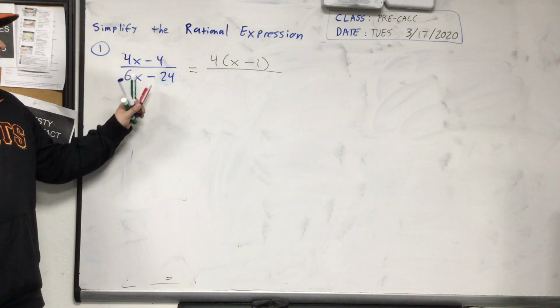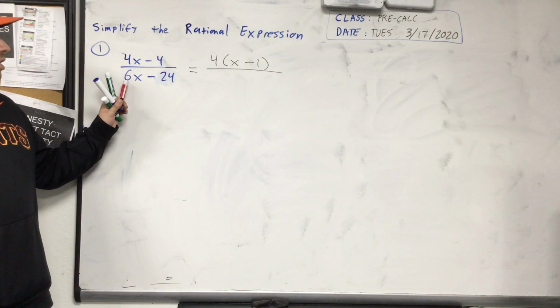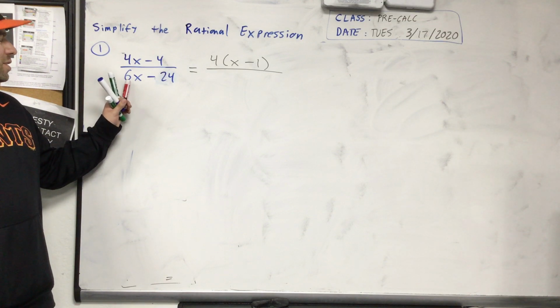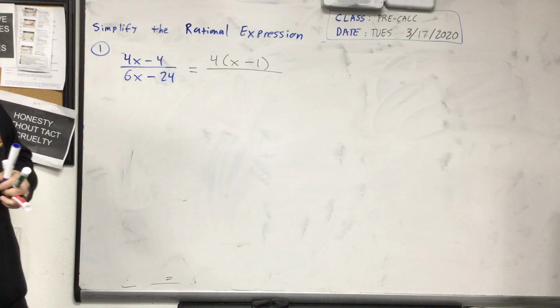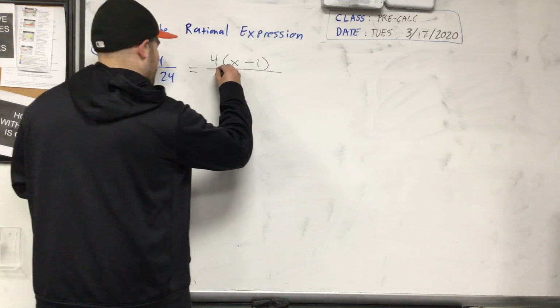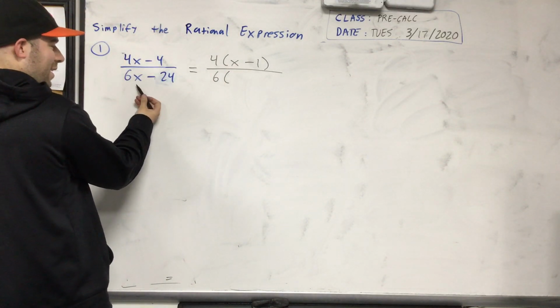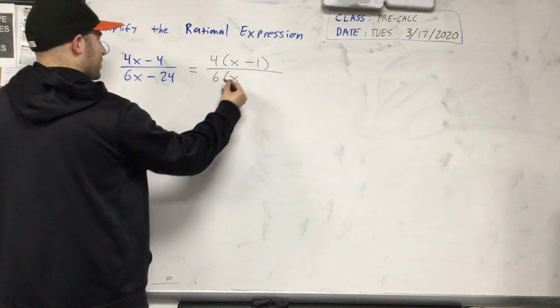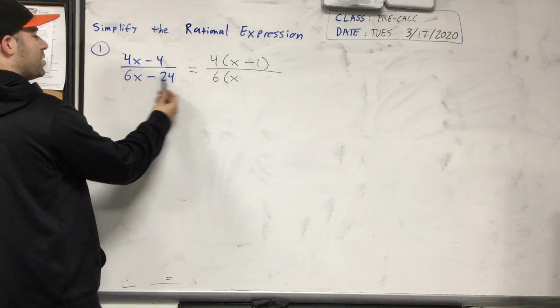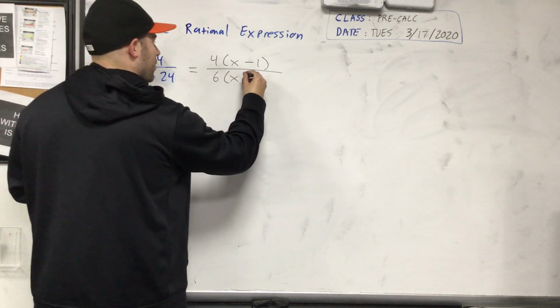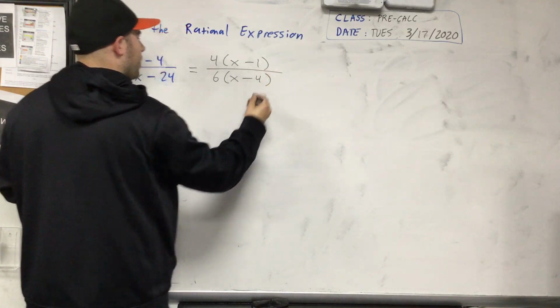Now I'm going to factor the bottom. What is the greatest common factor of 6 and 24? That would be 6. 6 times what is 6x? That would be x. 6 times what is negative 24? That would be minus 4.